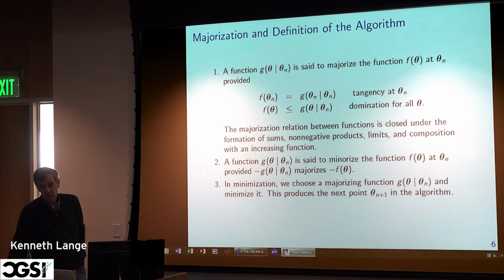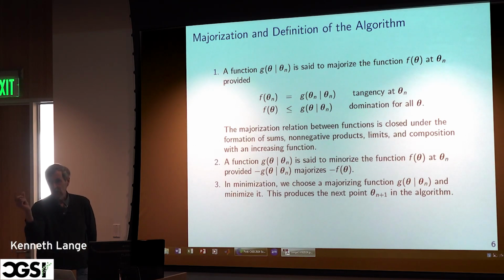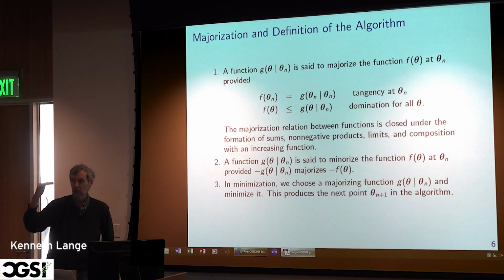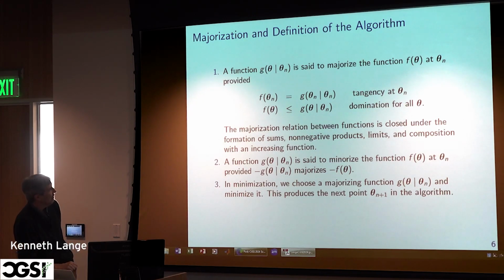And theta here can be a vector of parameters, not necessarily a scalar. So the surrogate function has to satisfy two conditions. One I call tangency. The two functions have to kiss at the current point. And the other is domination. The surrogate must fall above the objective.